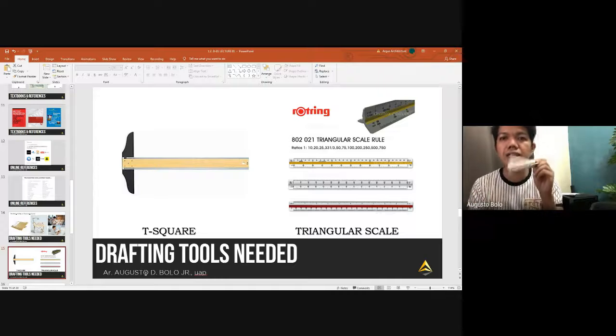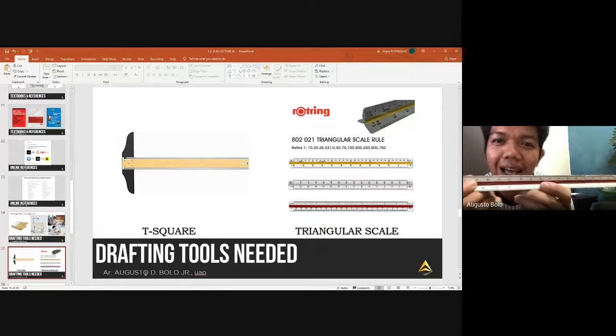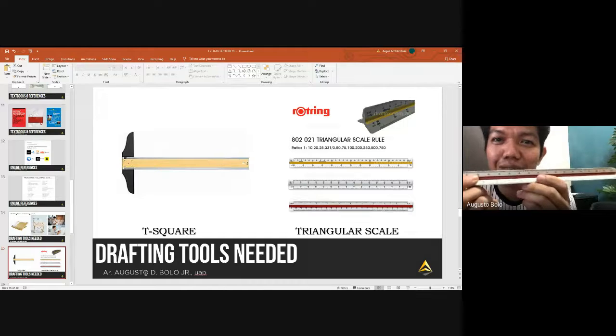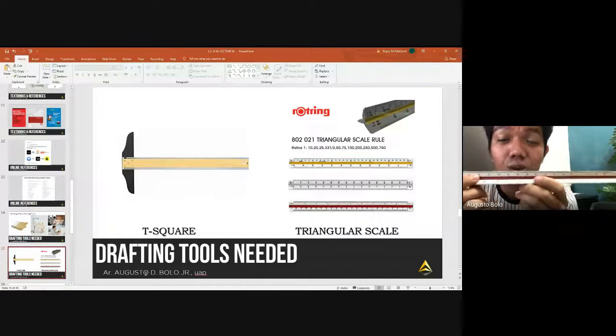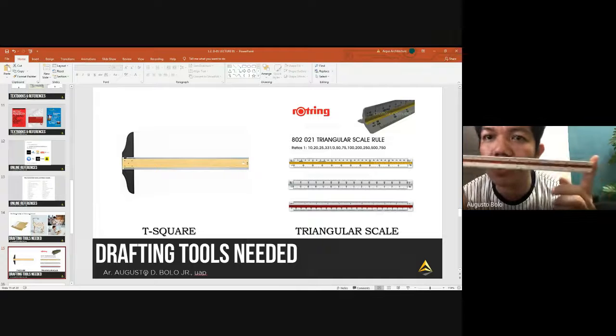Kasi may mga China brands ng Rotring triangular scale na iba, hindi calibrated. Staedtler is also okay in terms of drafting tools and equipment.